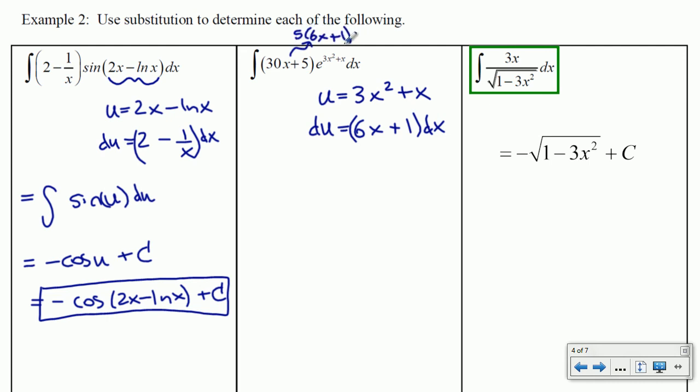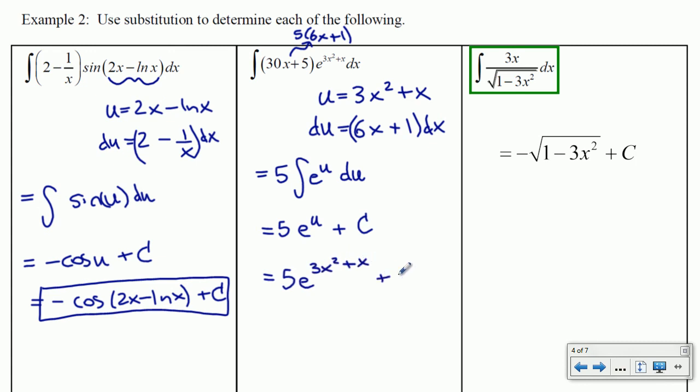So it looks like we got it covered. So we can pull this 5 out front, and then we have e to the u, and then we would have 6x plus 1 dx, which is equal to du. And the integral of e to the u is just itself, so we have e to the u plus c, and we can just put 3x squared plus x back in here. So then we have 5e to the 3x squared plus x plus c.